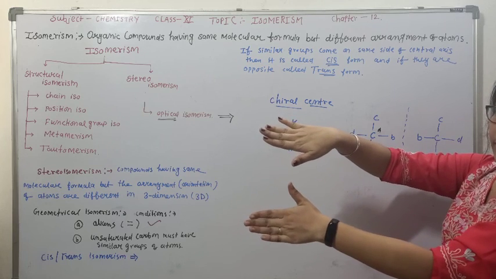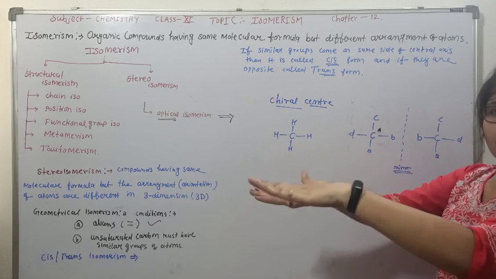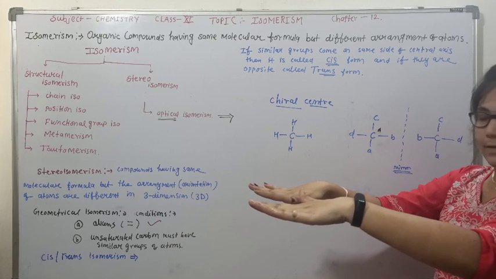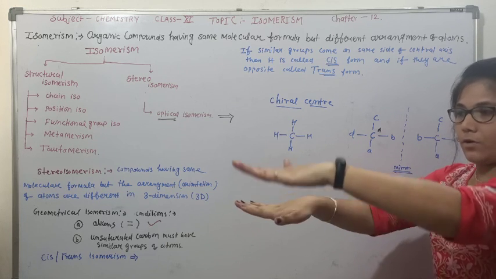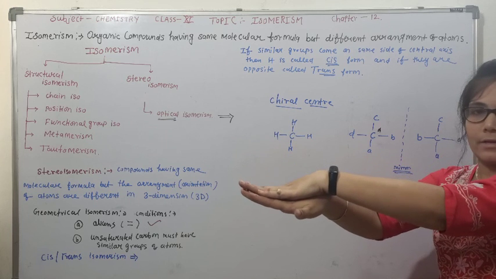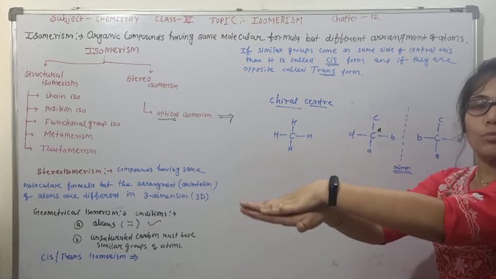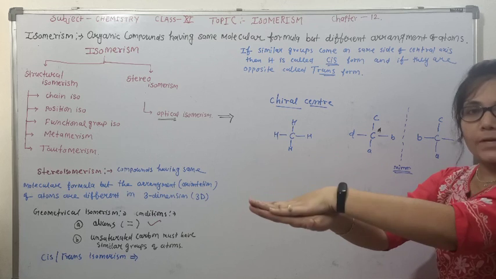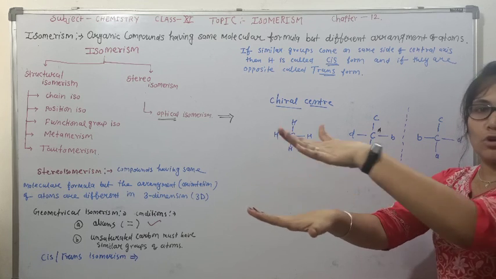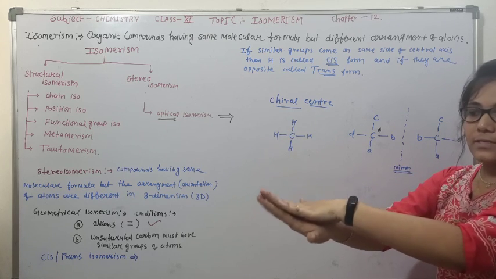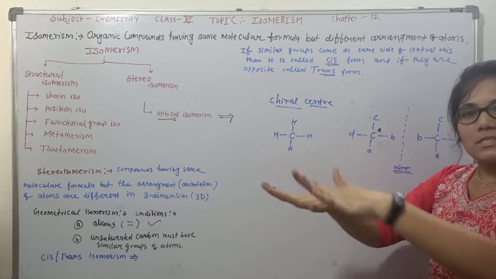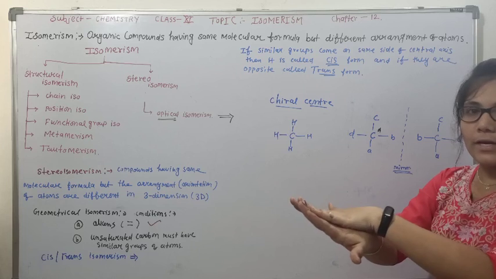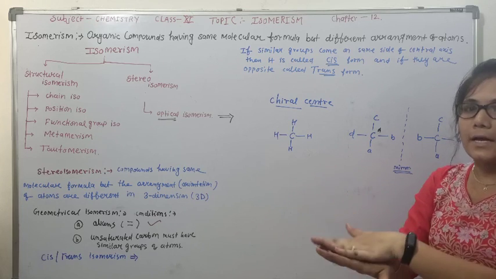You can see our both hands are mirror images of one another. Now put one hand on the other in the same way. They are not superimposing. Superimposing means the thumb goes on the thumb, the same fingers on the same fingers. So this is called chirality.